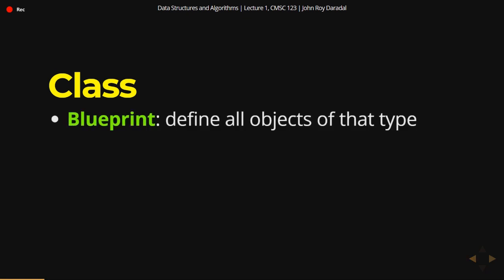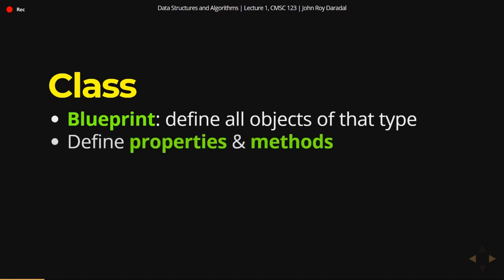the basic building block of object-oriented programming, or OOP, is the class. So a class is a blueprint. So it defines all objects of that certain type or class. Inside the class, we define properties and methods for the objects of that class.